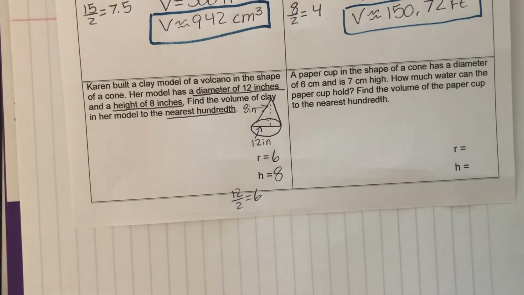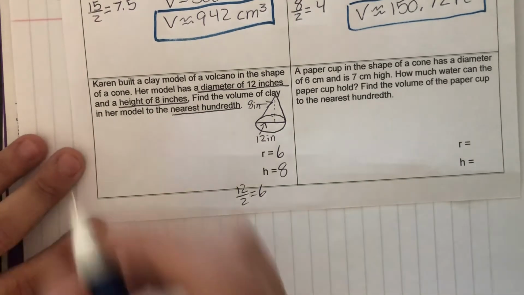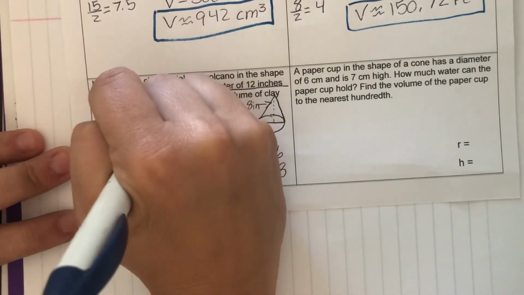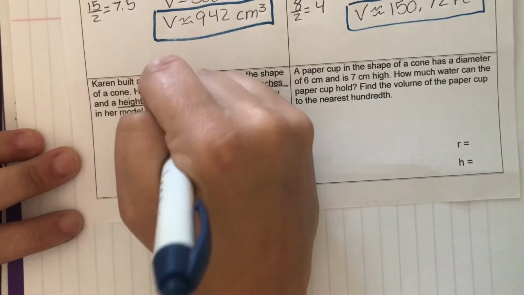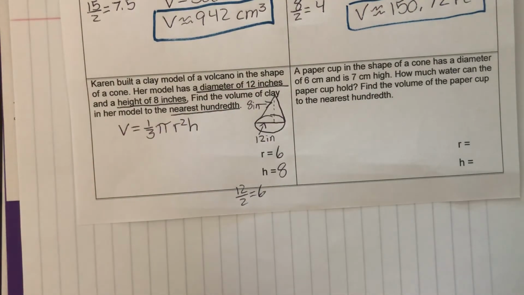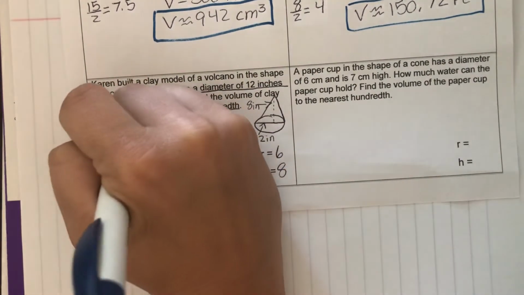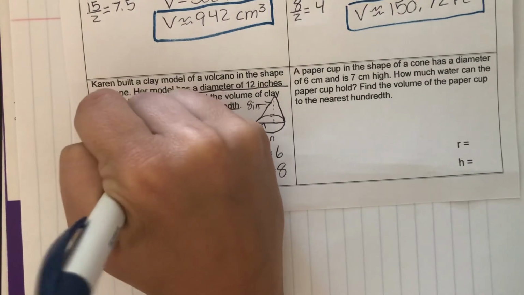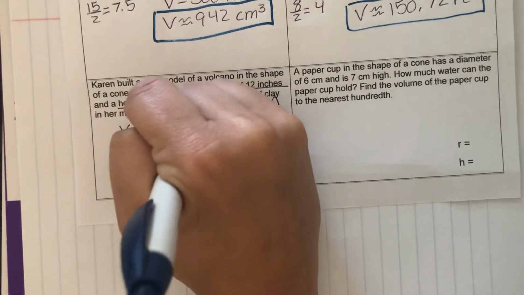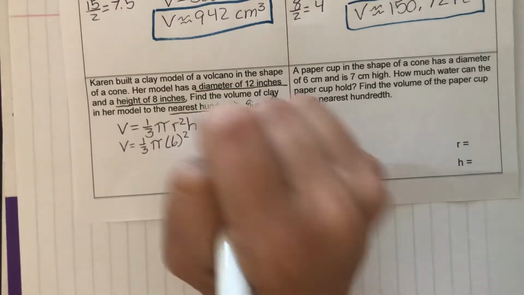Now we're going to take that information, plug it into our formula. Volume equals 1/3 pi times the radius squared times the height. Plug those values in. My radius is 6 and the height is 8.